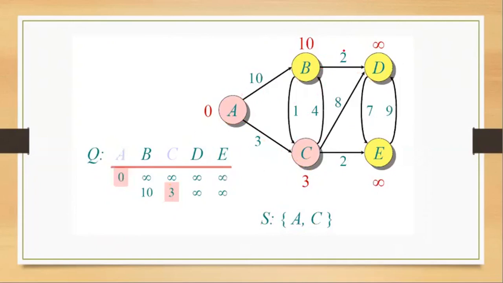So from A to B directly it is 10. But if I travel from A to C and then from C to B, it will be 3 and then C to B is 4. So 3 plus 4 will be 7.